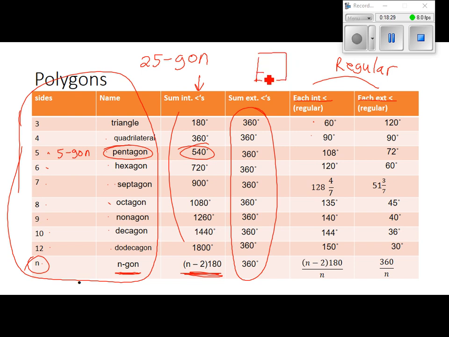Each interior angle is a right angle or 90 degrees. And then so on all the way down through here. You can notice on some of these, this is why we use pentagons and hexagons quite often. This is why we don't use septagons real often, because the angles don't come out all nice and even.